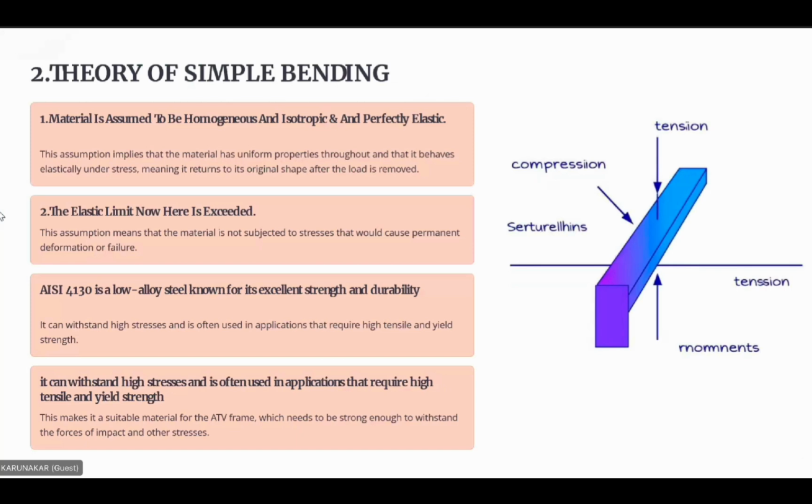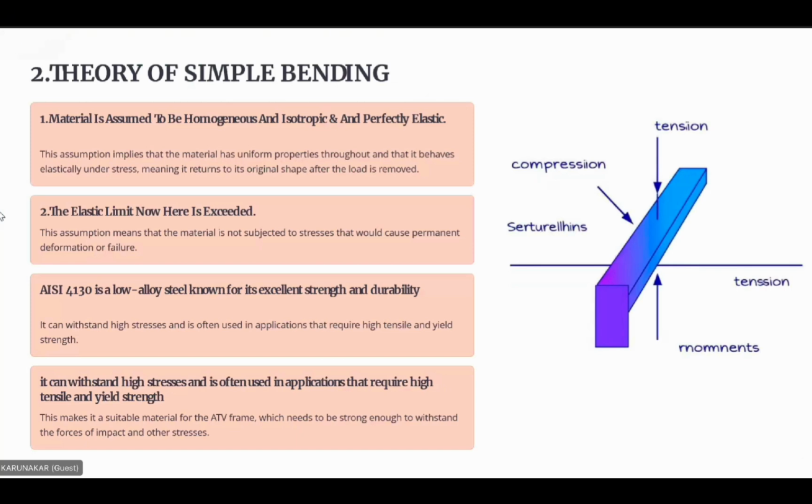Moving on to the next slide, the theory of simple bending, which we see most commonly in strength of materials or mechanics of materials. The material which we take for racing cars for the tubular space frame chassis may be assumed to be homogeneous, isotropic and perfectly elastic.